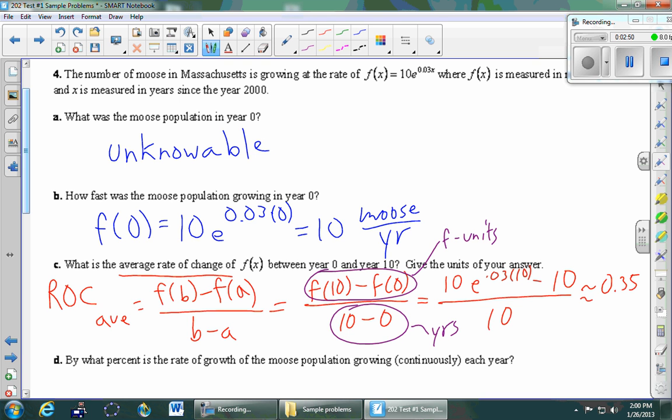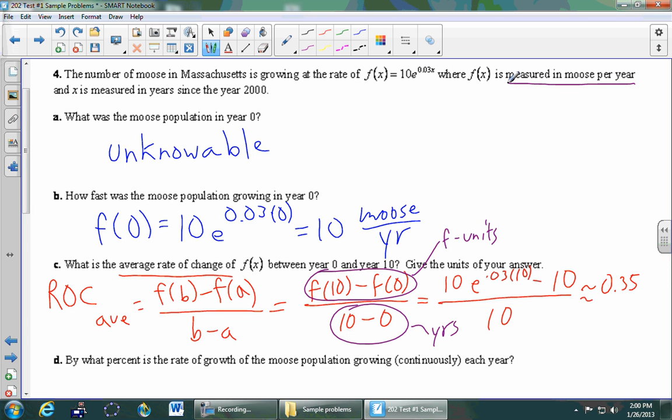So all we need to do is upstairs put the f units, and the f units given in the problem were moose per year. So that means that this 0.35 is in moose per year per year, and then on the bottom was years. So moose per year per year, in some sense an acceleration of the moose population.